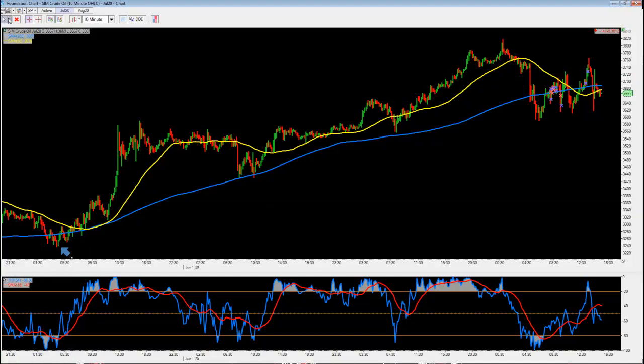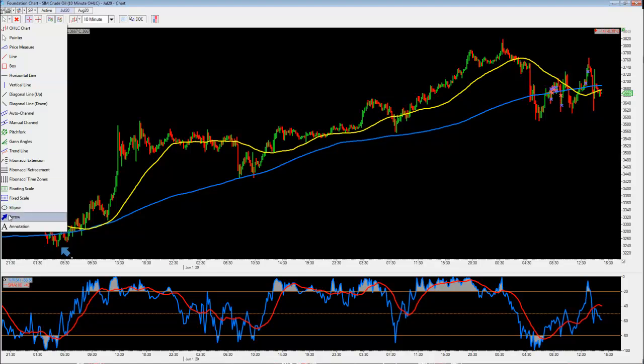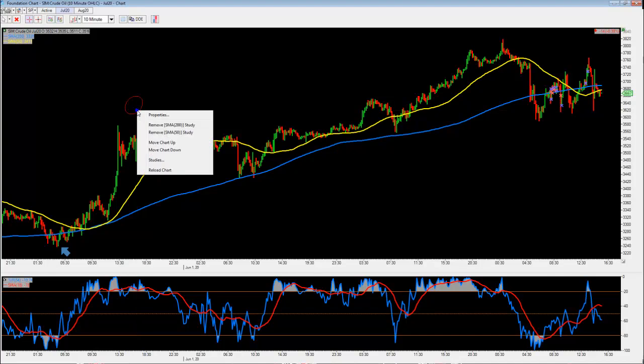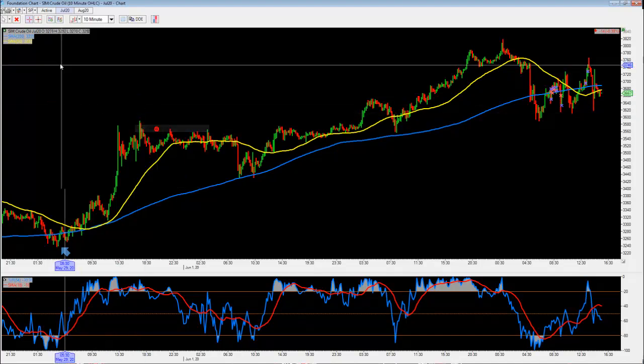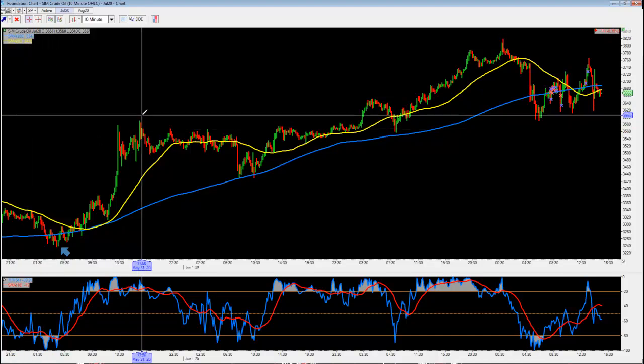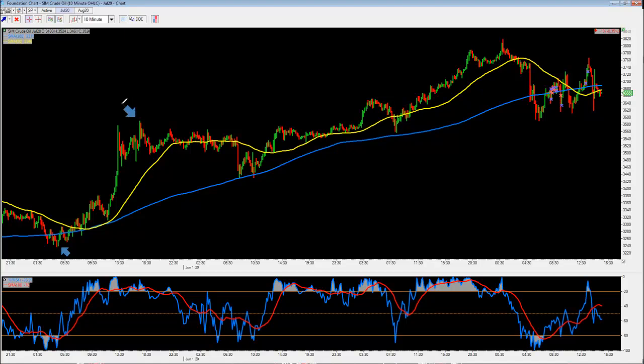And then let's add another arrow up here. Whoops, don't want that.